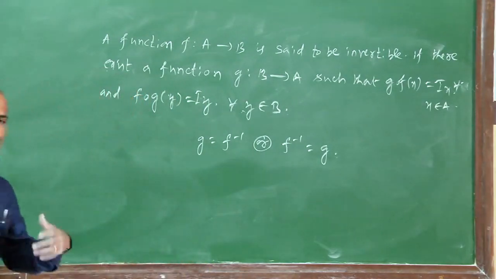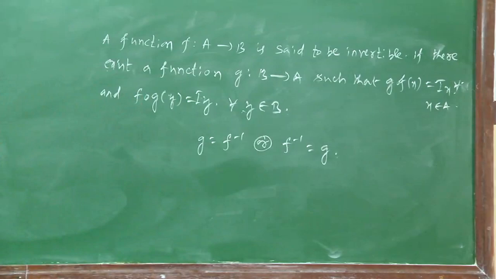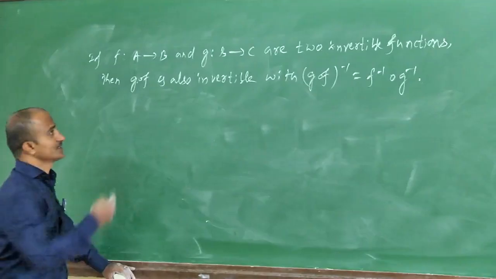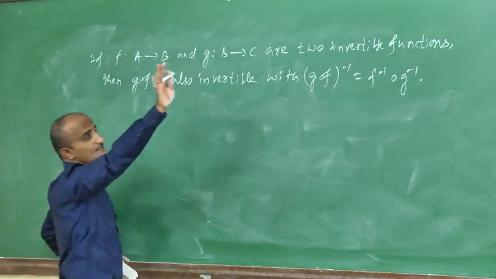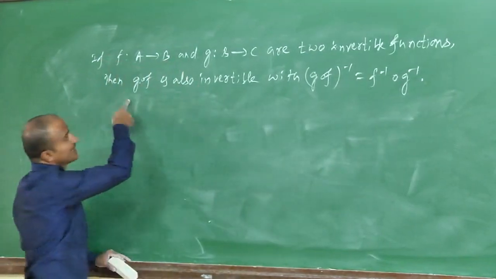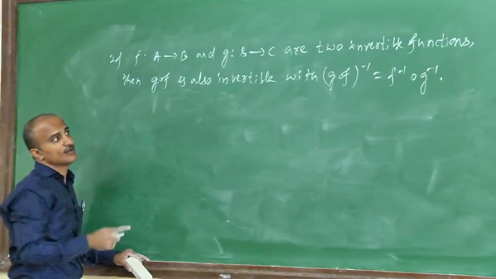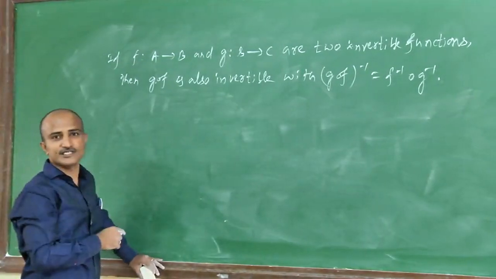Now we will discuss one of the important properties of invertible functions. They have given a function f from A to B and g from B to C are two invertible functions. Then g∘f is also invertible with (g∘f) inverse equals f inverse ∘ g inverse.